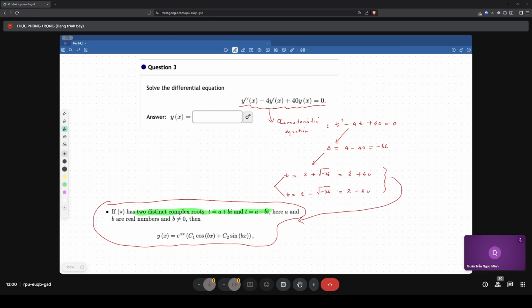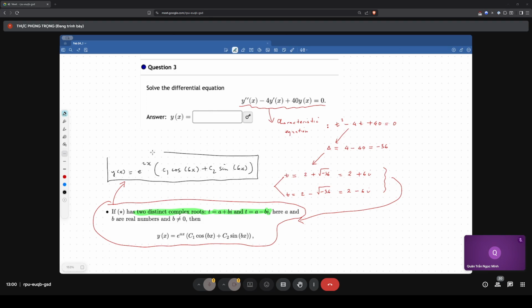A is the number 2 and B is the number 6. A plus bi, a minus bi. Because of the formula, now you get y. So y of s is e to the 2s, as a is 2, times C1 cosine of 6s plus C2 sine of 6s.